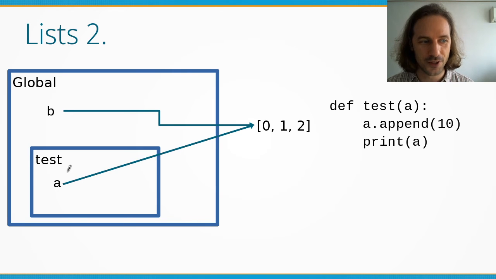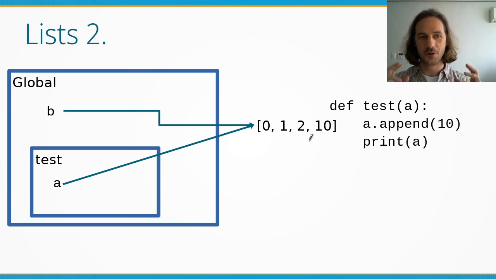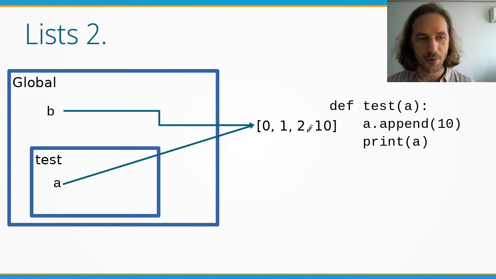We just assign a to the same thing that b is, and then once we modify this list, it is modified in both a and b, because here we did not reassign the variable a, we modified the list itself. So in Python, we don't think about the variables themselves, but we have to think about what they represent.